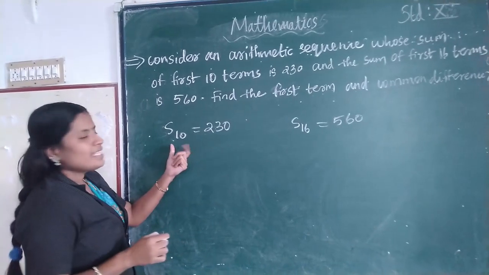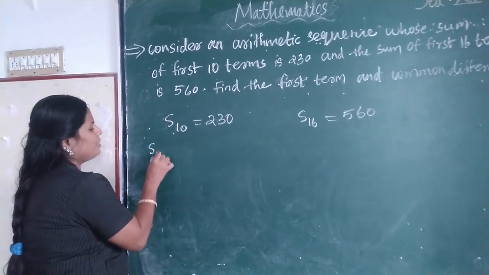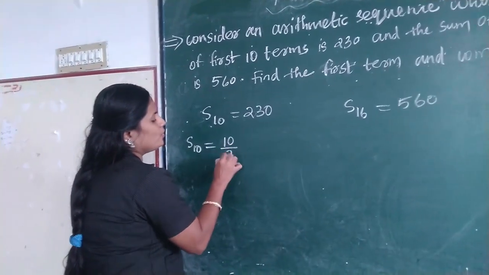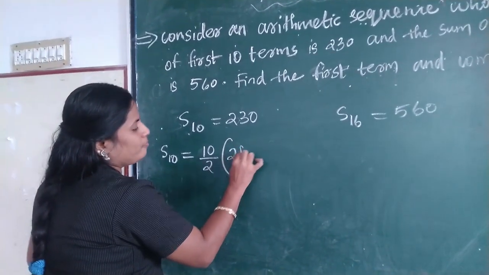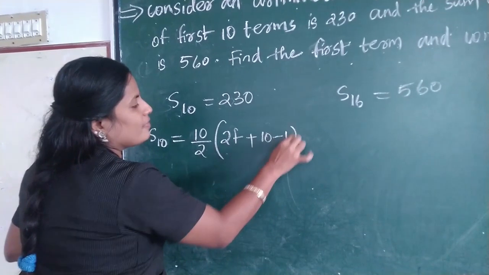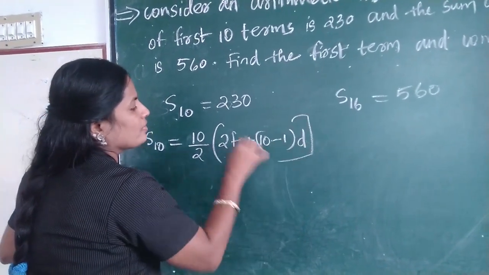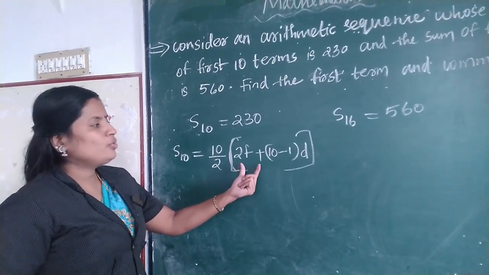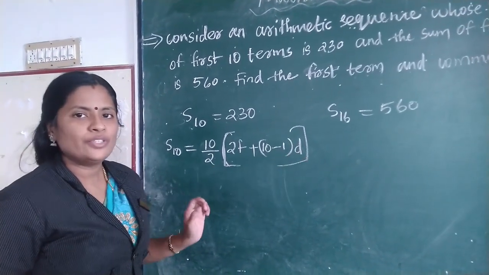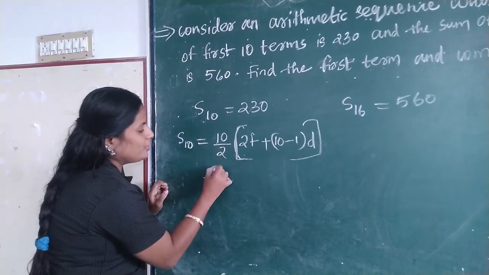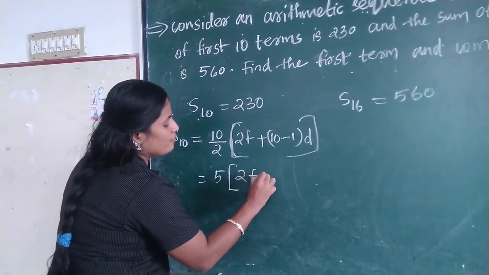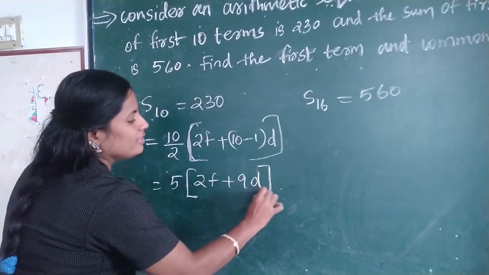Okay, so what is S10? S10 can be written as S10 equal to 10 by 2 into 2f plus 10 minus 1 into d. This you already know. Okay. 10 by 2 into 2f plus 10 minus 1 into d. 10 by 2 means 5 into 2f plus 9d.